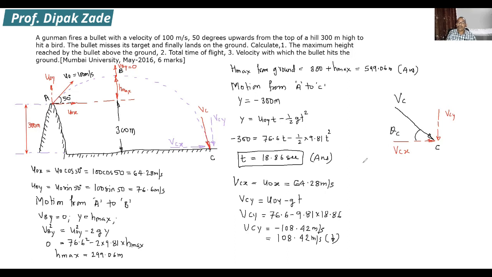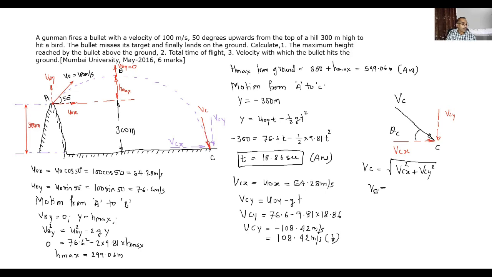To find this Vc, we simply apply Pythagoras theorem: square root of Vcx square plus Vcy square. I will substitute Vcx equal to 64.28, Vcy equal to 108.42, and using the calculator this value comes out to be 126.04 meters per second.